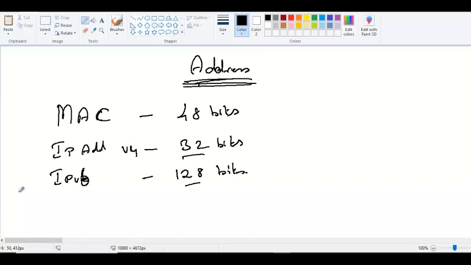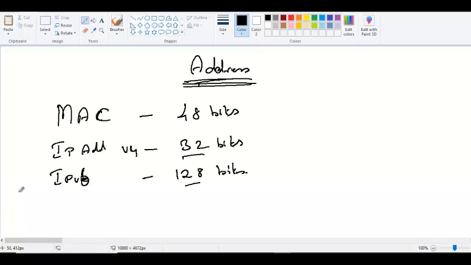IPv6 is already deployed in big ISPs like Vodafone. I was in the Netherlands, in a place called Haarlem, teaching IPv6 migration for Vodafone a few years back. Few years back, not last month or last year.